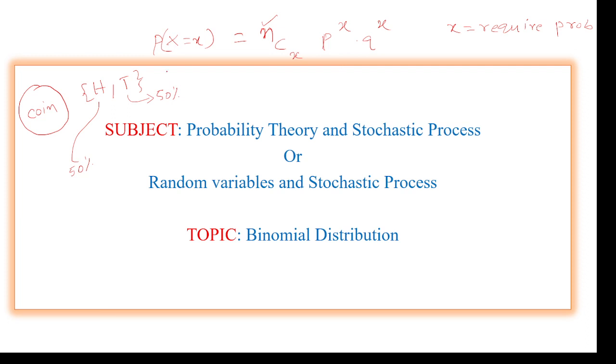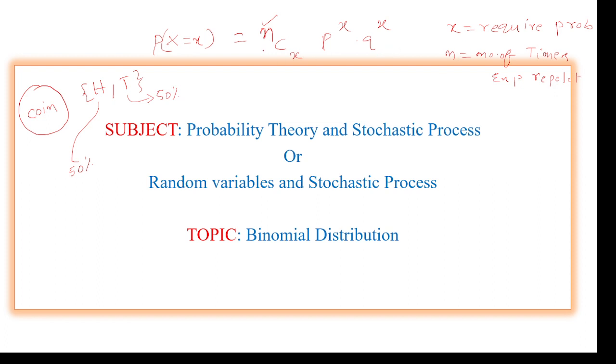For example, if you toss a coin 10 times, then the n value is 10. So it is the number of times the experiment is repeated. That is the n value, and x is the required probability.